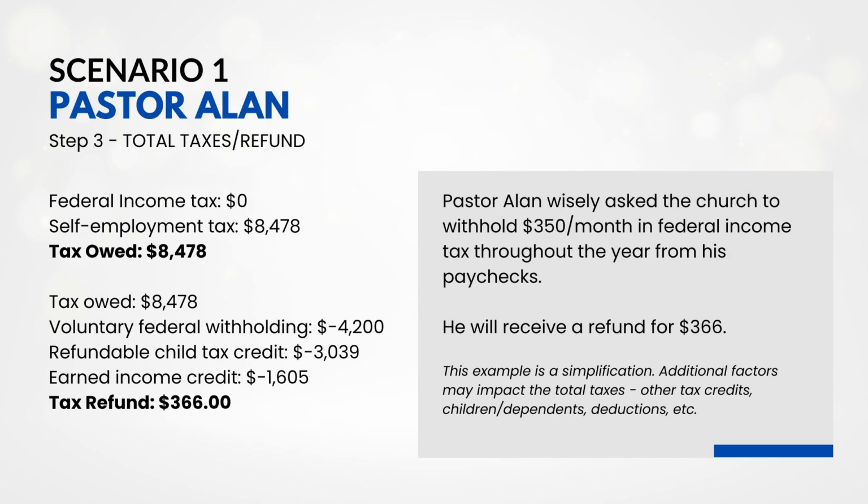In this scenario, he would receive $3,039. He would also be eligible for a partial earned income credit of $1,605. On his tax return, which is Form 1040, he would calculate the total amount owed less any of the credits or payments already made to determine if more is owed, or if he is due a refund of any overpayment. In this case, his taxes were slightly overpaid, so he would receive a refund of $366.